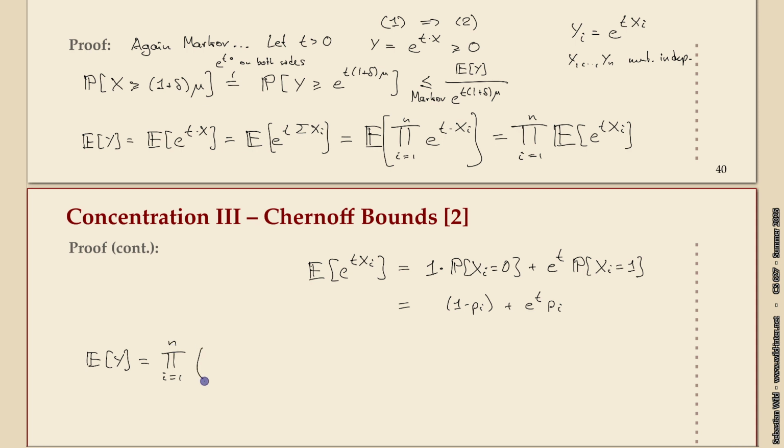And so we can slightly rewrite this as 1 plus pi times e to the t minus 1. That's just rewriting this bit.